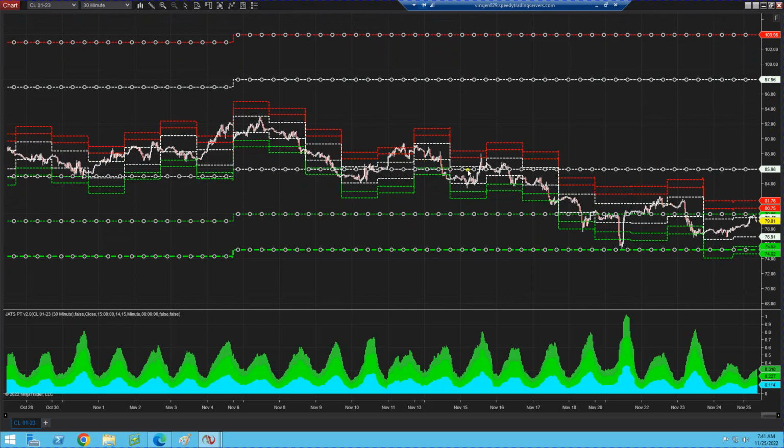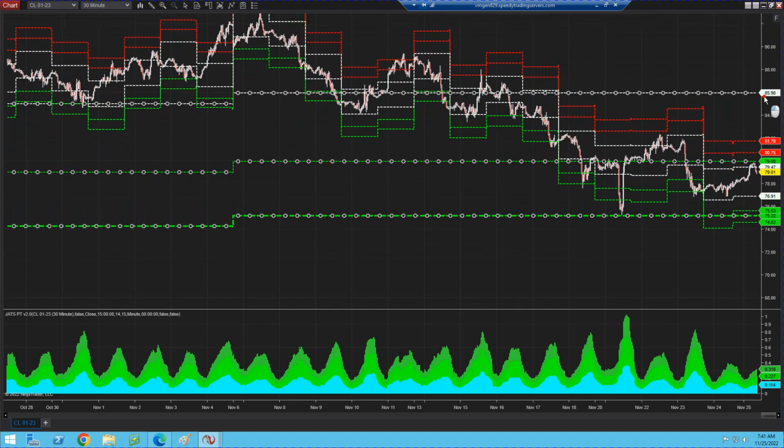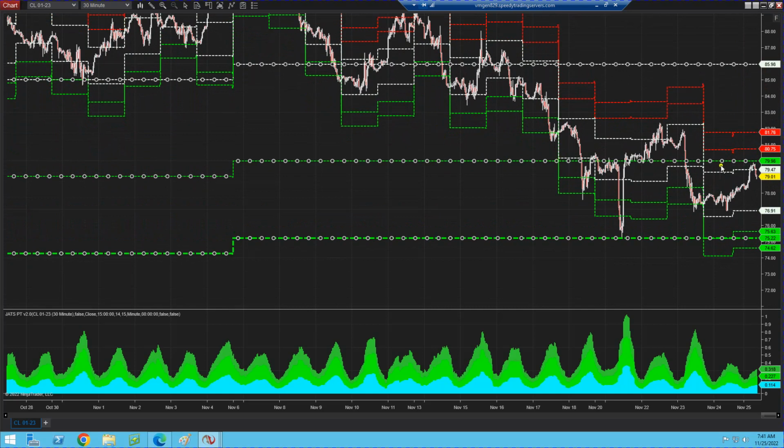Once we crossed below the 1, it did a little bit of a back trace and then it came down, hit the 3, and now it's trying to get back up, but we've got the 2 blocking it right there. So the monthly 2 is not allowing price to get back inside.